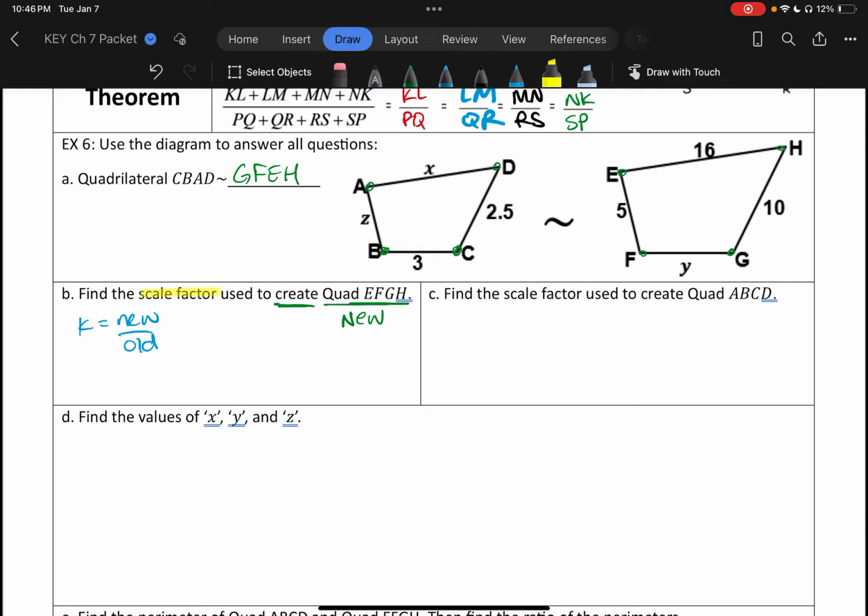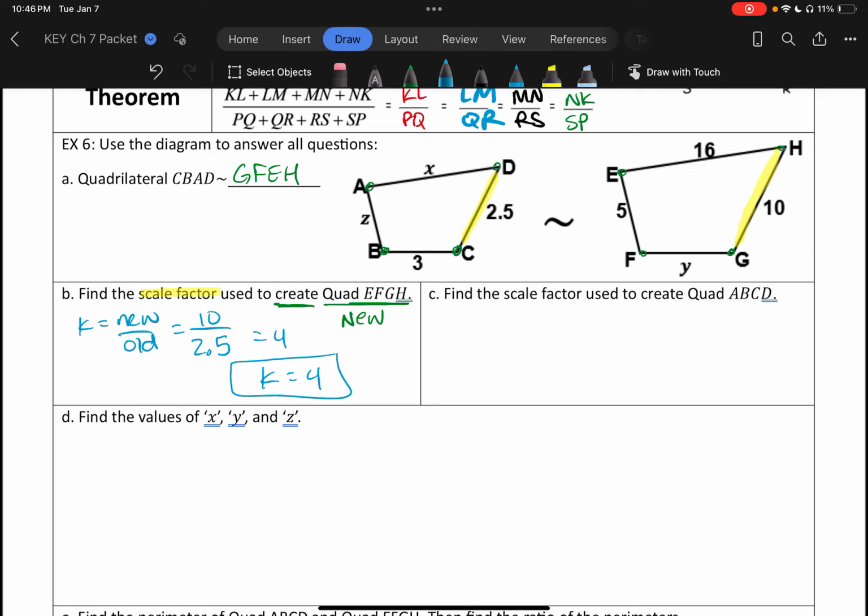The only corresponding sides that I have values for are these right here. The new is EFGH, the one on the right, so this would be written as 10 on the top and 2.5 on the bottom. If we simplify 10 over 2.5, that gives us 4. So the scale factor is 4.